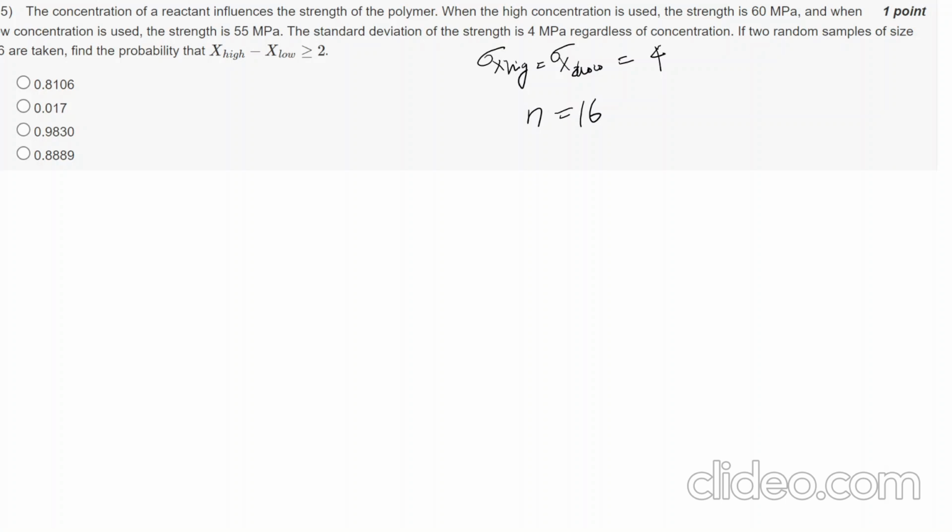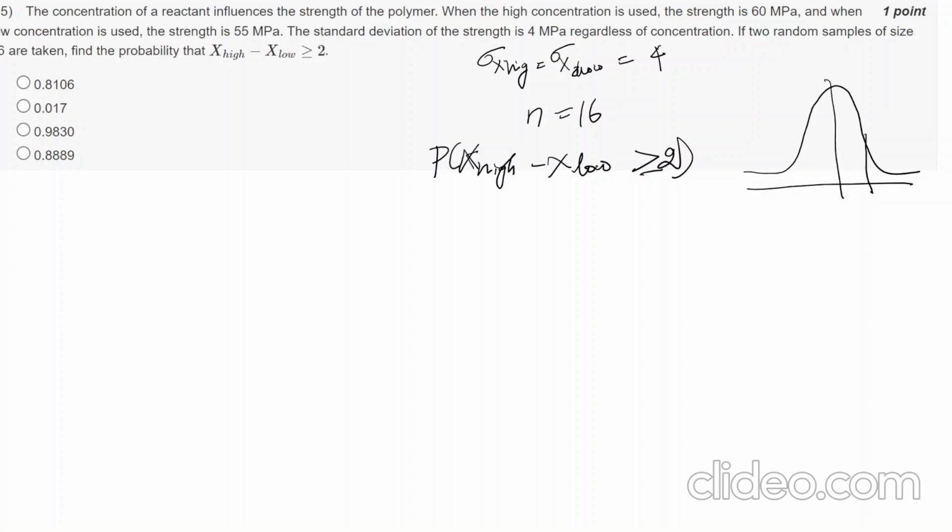If two random samples are taken, they're asking what is the probability of x high minus x low greater than or equal to... So unlike before, where in the first question we found the probability value from minus infinity, like for a point variable, here we have found the probability for an interval, just like from 163 to 170.